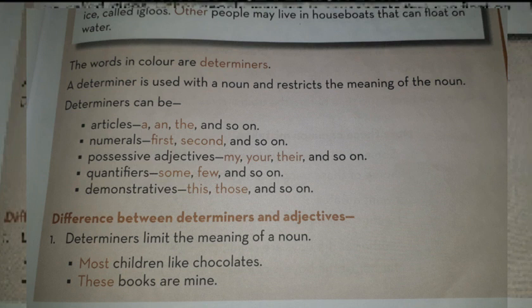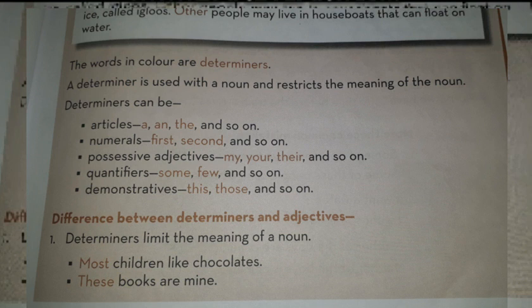See, articles, which means a, an and the, sometimes some also. Numerals: first, second, and so on, like this. Possessive adjectives: my, your, their, and so on. Quantifiers: some, few, and so on. Demonstratives, which means this, those, these, like that.